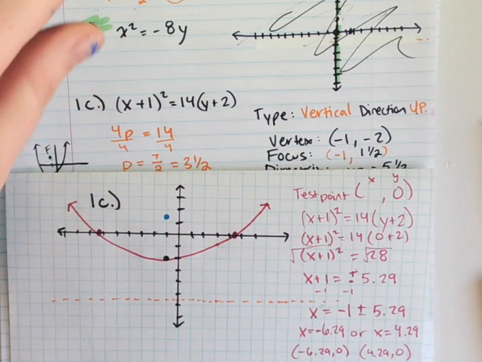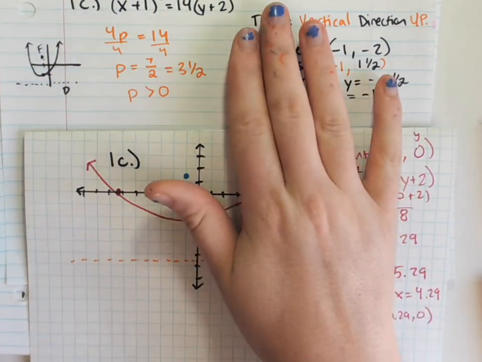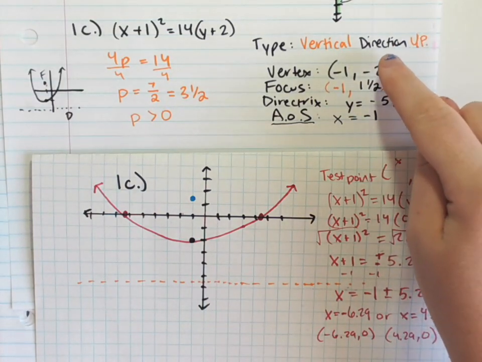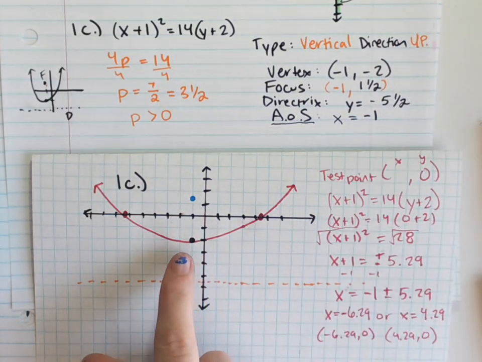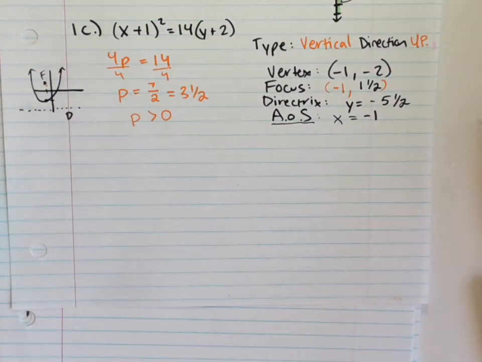Cool. So that's all the math for 1C. I identified what type it was, what direction it's facing. I found these 4 pieces of information. I plotted them, then I tested some points to figure out what's going where. Time for your problem.